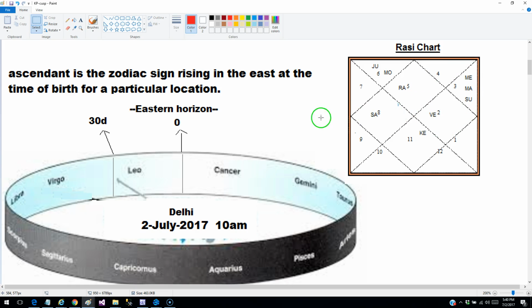Now, one of the major drawbacks is this: at 10 a.m. the chart was Leo rising with these planetary positions. At 11 a.m. the chart was still Leo rising with these planetary positions, and at 12 the chart was still Leo. So in 2 hours the traditional chart would not change, it would remain the same.